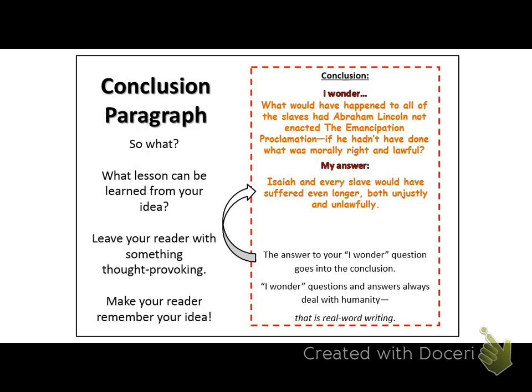So the answer to my I wonder question will go into my conclusion. I wonder questions and answers always deal with humanity. This is the real world writing that we're looking for. This is the connections you need to make with your reader.